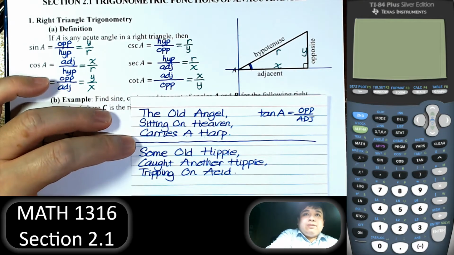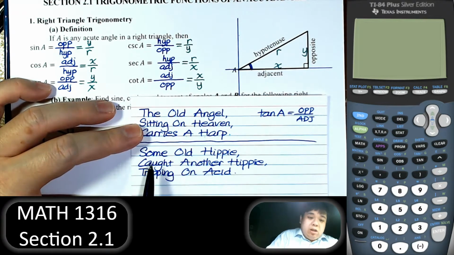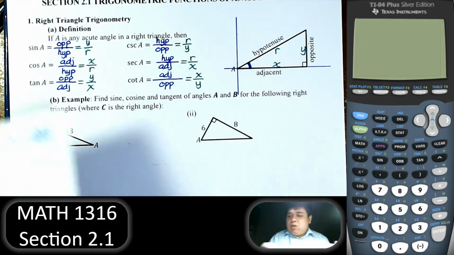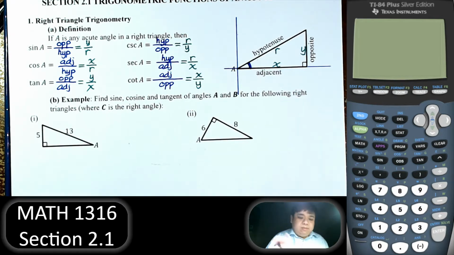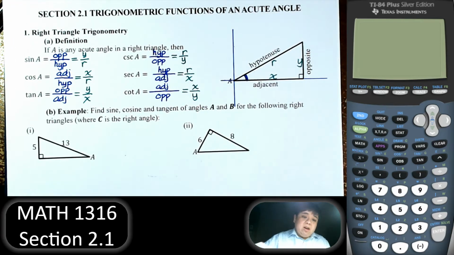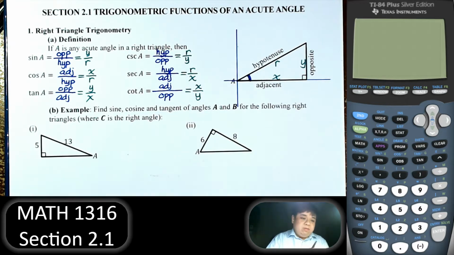So sine is opposite over hypotenuse, cosine is adjacent over hypotenuse, and tangent is opposite over adjacent. Of course that is very consistent with x, y, and r. But this time, because it is defined based on the acute angle, we usually define it in a right triangle.